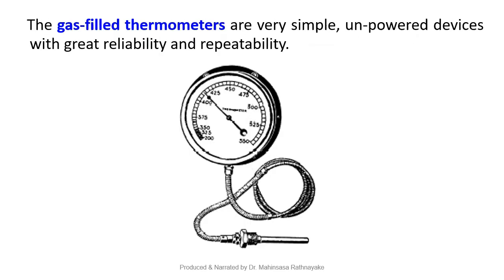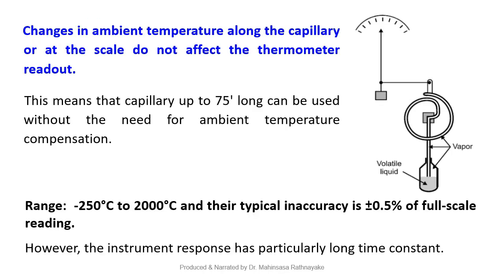So in addition, we can use gas-filled thermometers using the same principle. That is a very simple and unpowered device with great reliability and repeatability. Sometimes gas-filled thermometers are very useful in industrial applications where it is difficult to use a liquid inside for the thermal expansion devices.